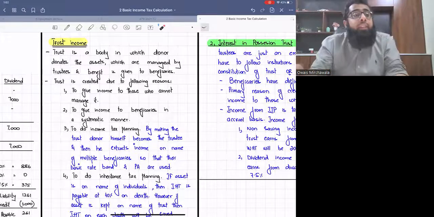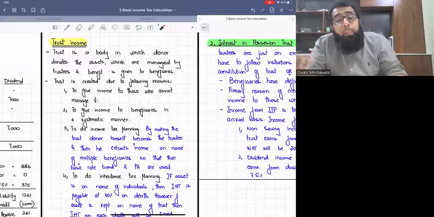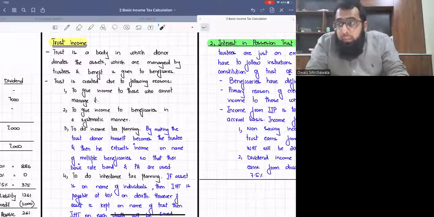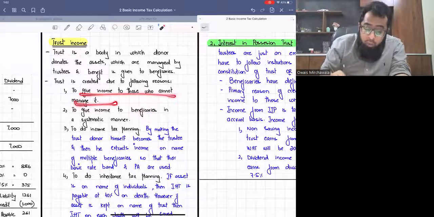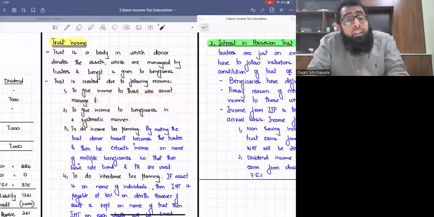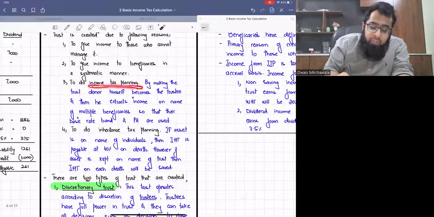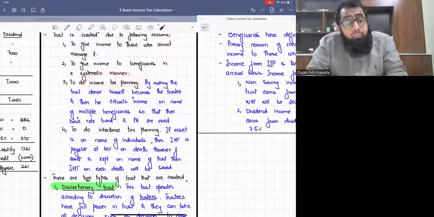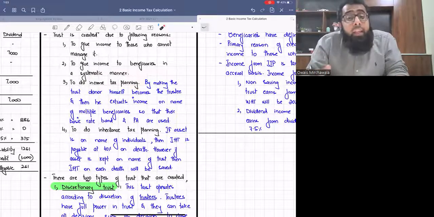The donor is the one who is giving the assets, and beneficiaries are the people who will get the benefit of the trust. Now, the trust can be created because the beneficiaries cannot manage the trust, or the donor wants the income to be given in a systematic manner, or sometimes the trust is created for income tax planning. Sometimes what happens is that the donor himself becomes a trustee.